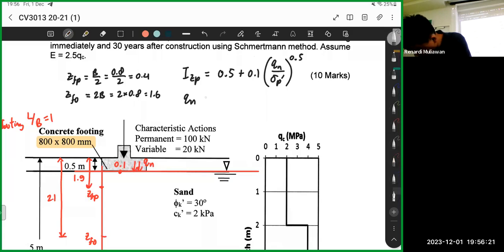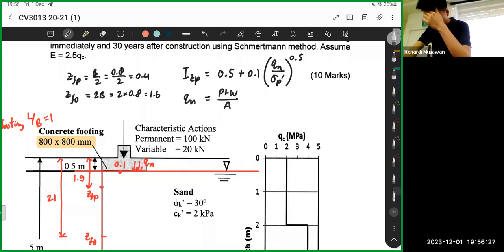So Qn is P plus W divided by A, right? Minus effective... that's what I'm wondering.